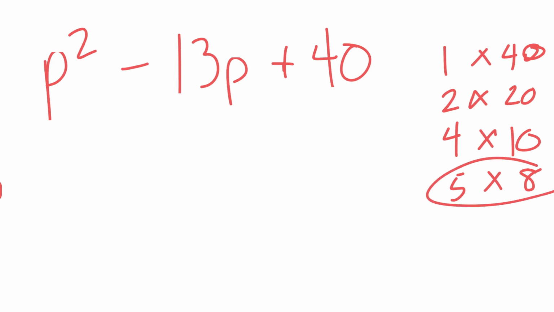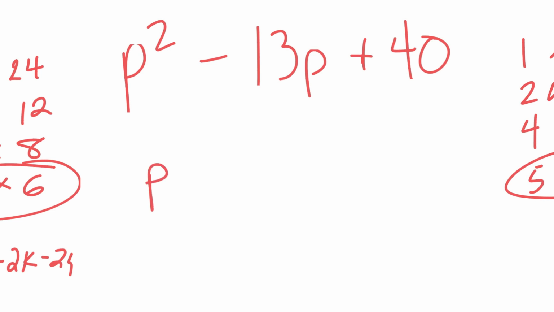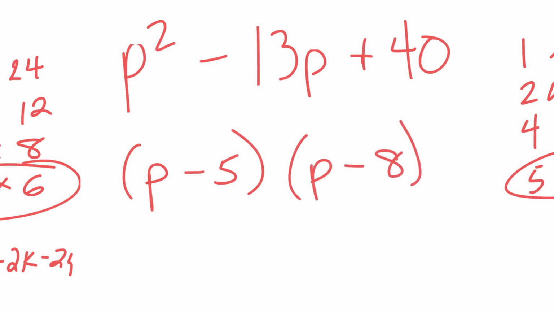In this case, it's going to be the 5 and the 8. So we're going to have p minus 5 and then p minus 8. So those are our factors, p minus 5 and p minus 8. And then, of course, our solutions would be p equals 5 as well as p equals 8.